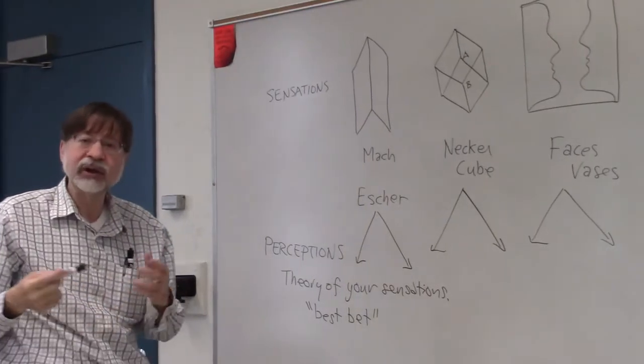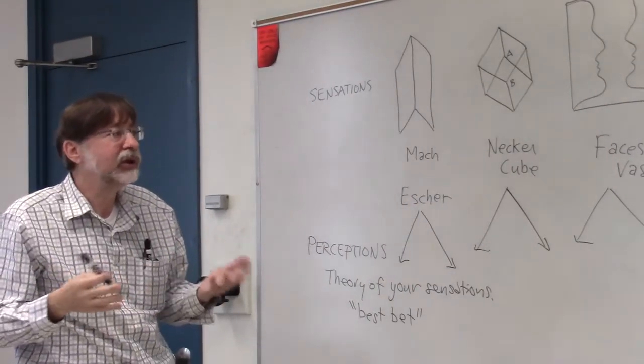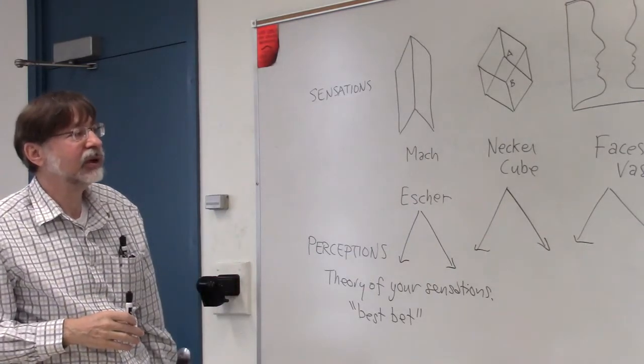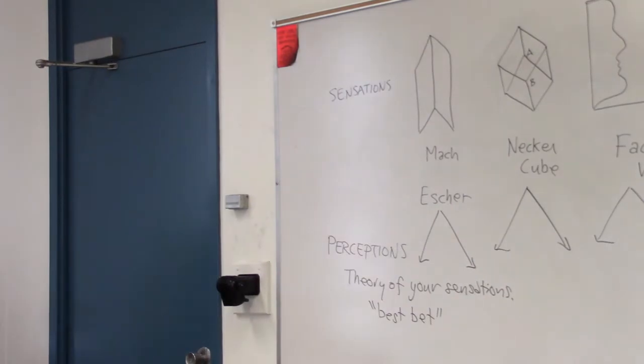And one way of looking at it is as a best bet as to what's going on out there in the world. So you construct a theory of the world that fits your sensations and is also a good bet for them.